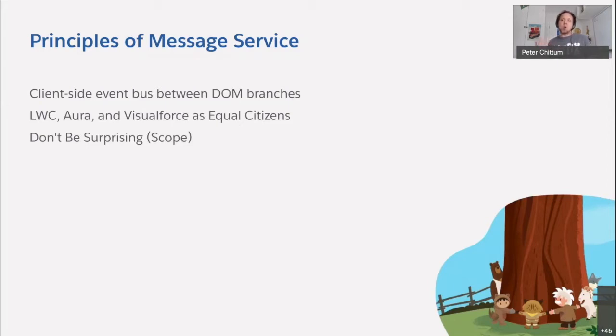We also wanted to make sure that Lightning Web Components, Aura, and Visualforce were all treated as equal citizens. And the third thing was for it to not be surprising. And I'll talk about that a little bit in the second part of my presentation, where I'll talk about scope.